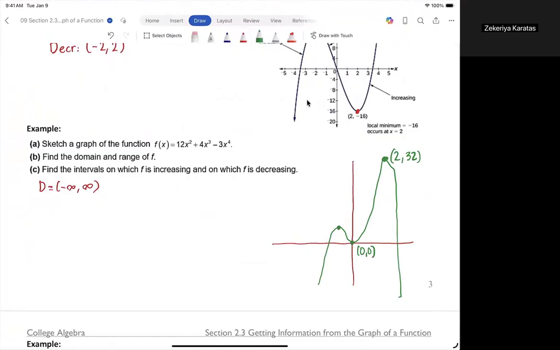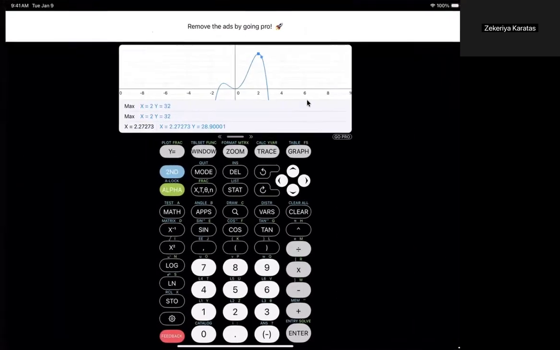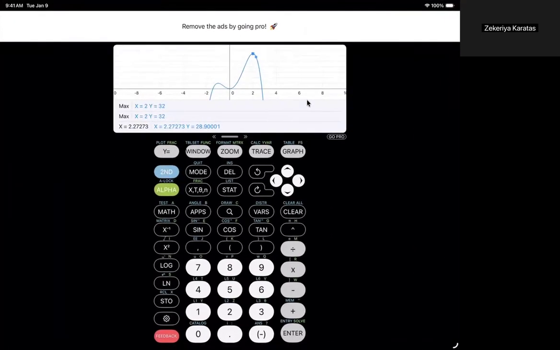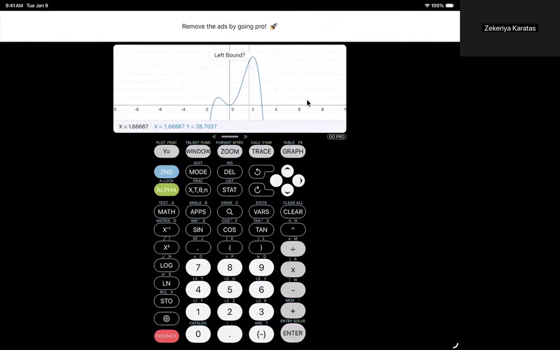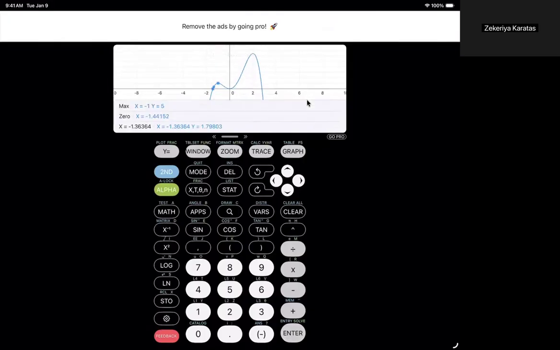Let's find the other local max. So second trace again, and I go to find the maximum. This is the way that you can try to solve the next problem. Go to the left side, enter, and it's going to tell you (-1, 5).